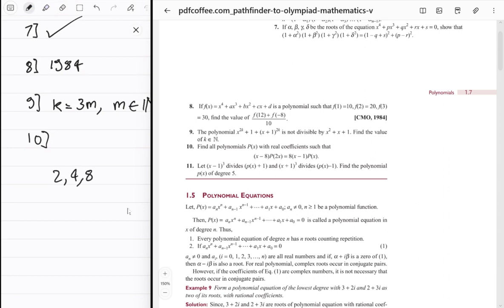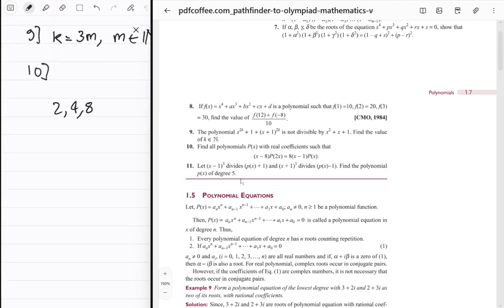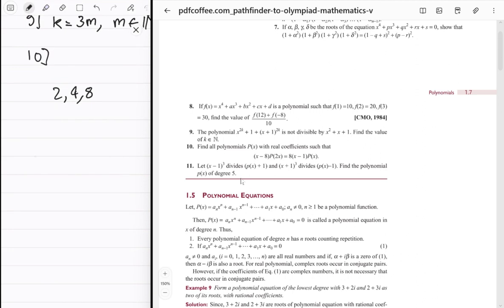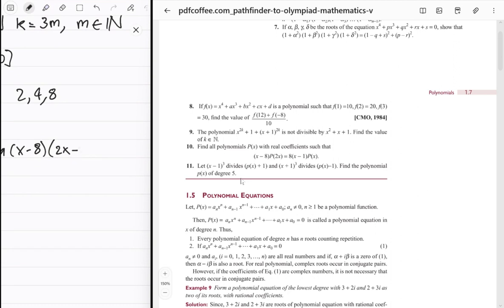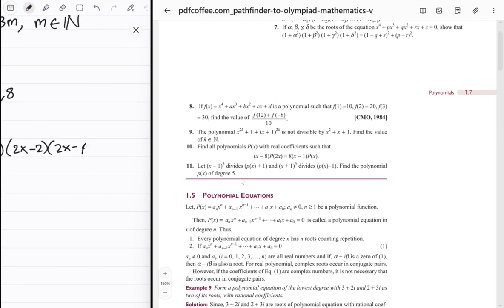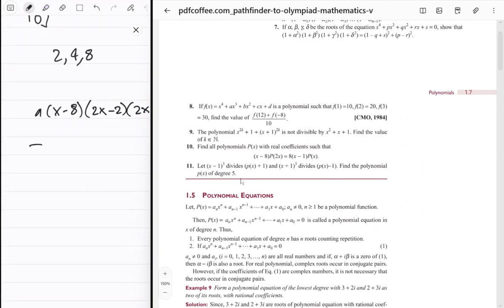Sure. So then p of x can be written as a times x minus 2, and you get the idea, right? Okay, let's try it out. So a times x minus 8 times 2x minus 2 times 2x minus 4 and then 2x minus 8, and that times the other polynomial q with 2x inside it, is equal to 8a.